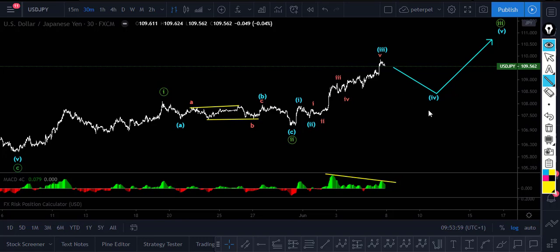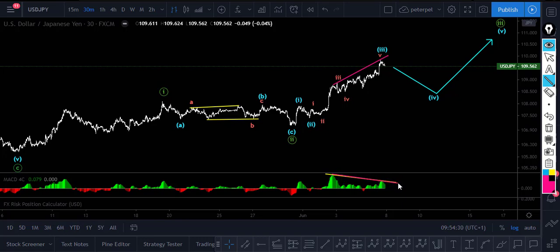And now we also have an example of the divergence we just treated. We can see that price is giving us a higher high. From red wave 3 to red wave 5, price is moving higher, but on the MACD, price is moving lower.